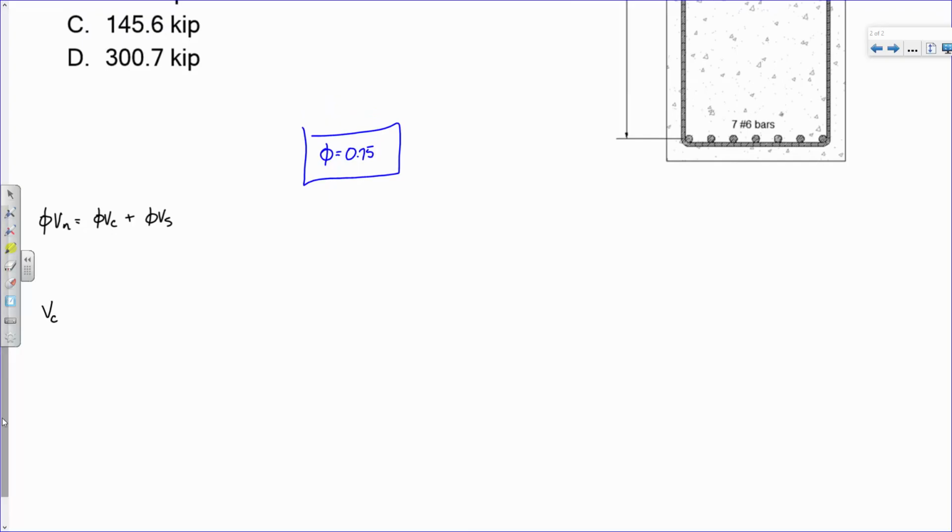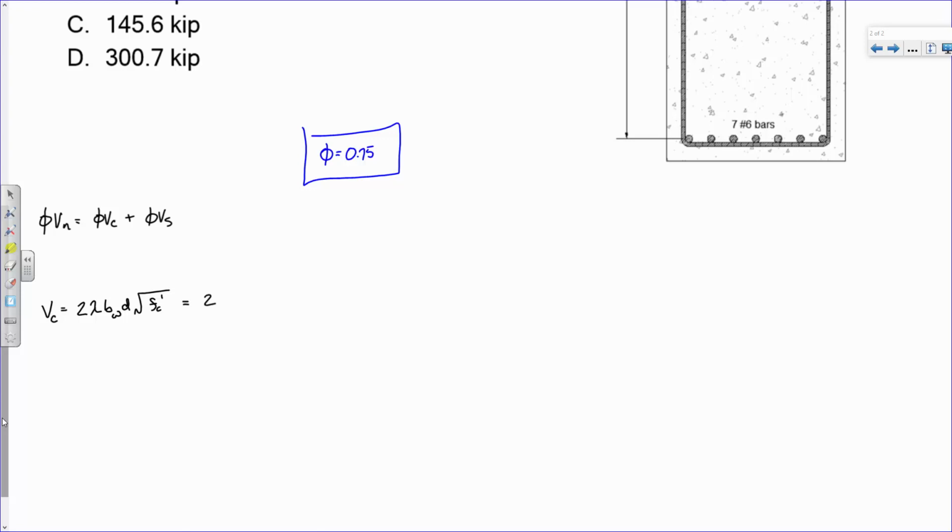Okay. So let's see if we can compute a couple of these values. Let's start off with VC. Anybody remember how to compute VC? Anybody remember the formula? You don't have to remember the formula, it's in the name. 2 lambda BD square root of FC prime. There you go. So let's chug that out. 2, now lambda.